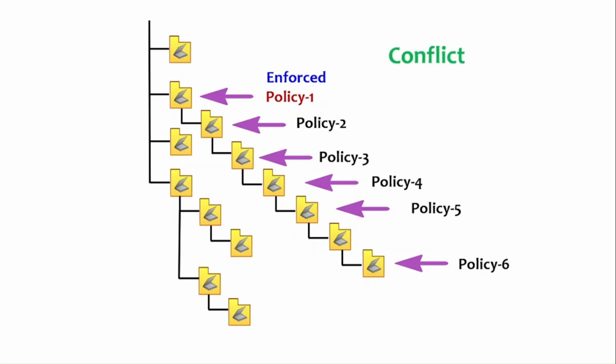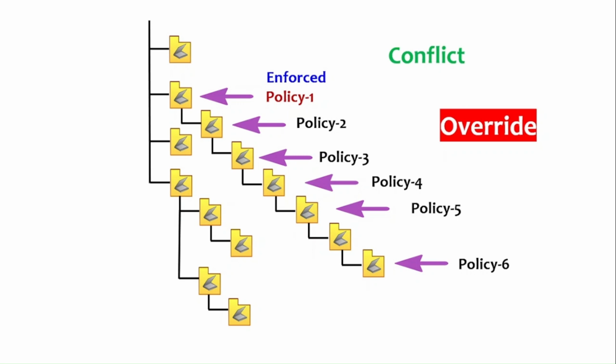In a situation of conflict, the settings in policy 1 will override any conflicting setting in any other policy, be it policy 2, 3, 4, 5 or 6. This is what enforced does. It will force the settings, and it will override all the other settings in a situation of conflict.